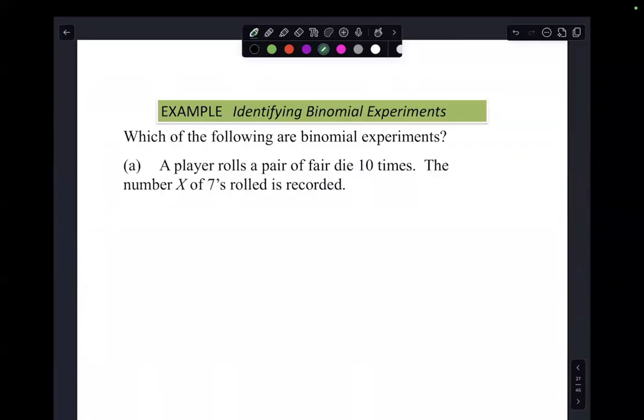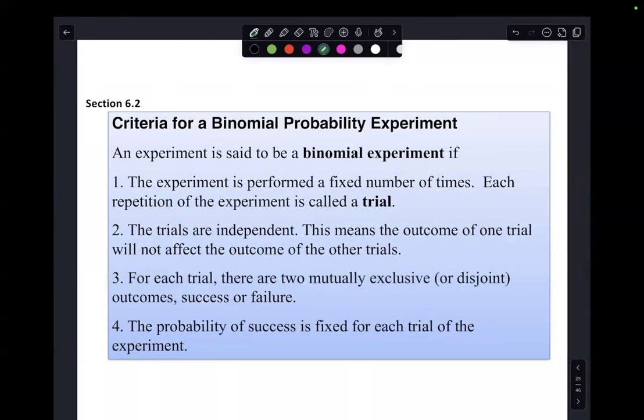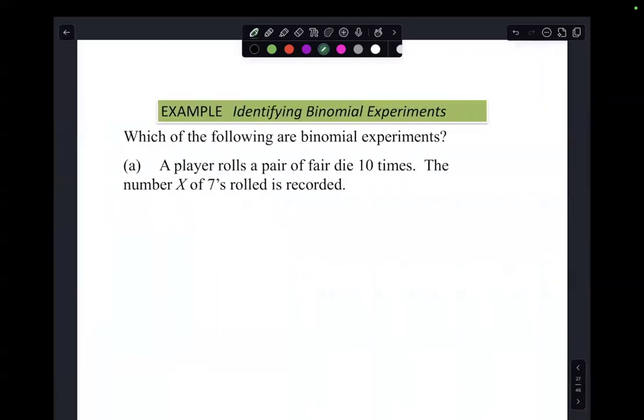Yeah, because every time I roll the dice, it's going to be different, right? And our success is rolling a 7. So since our success is rolling a 7, the probability of success is fixed. There's two mutually exclusive outcomes. I either rolled a 7 or I didn't roll a 7. So yes, binomial.